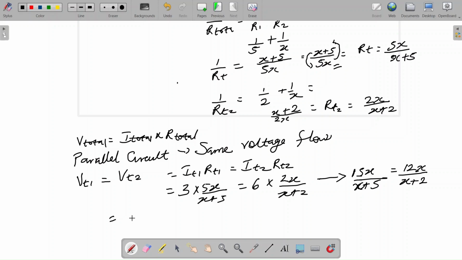In order for you to find the value of x, if you cross multiply, you have 15x multiplied by x plus 2 equals 12x into x plus 5.